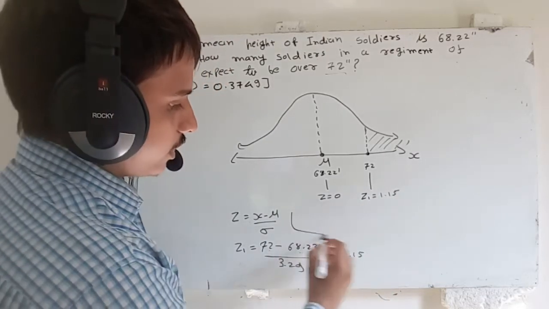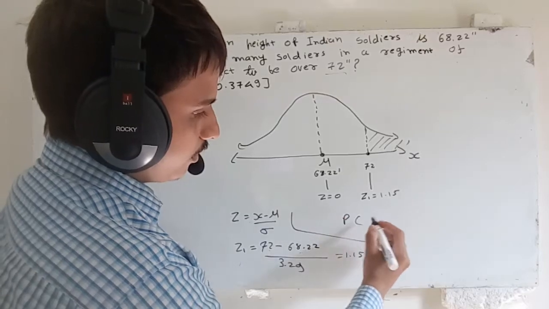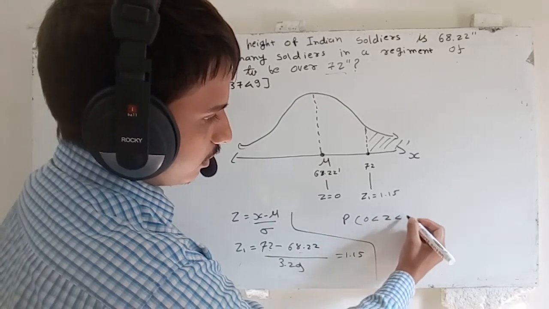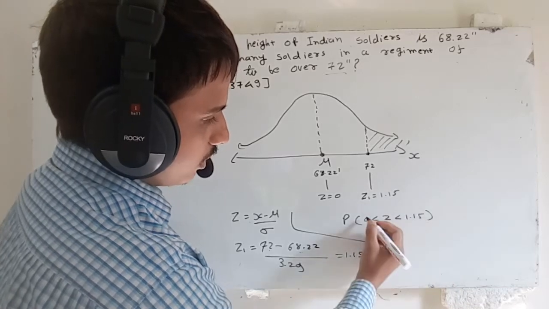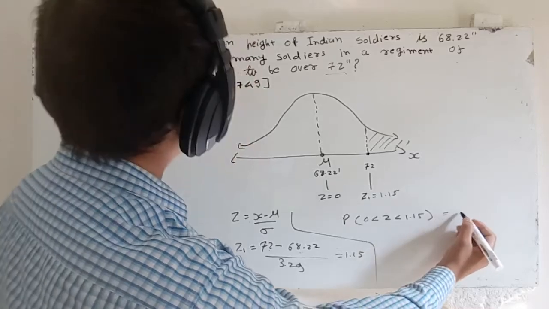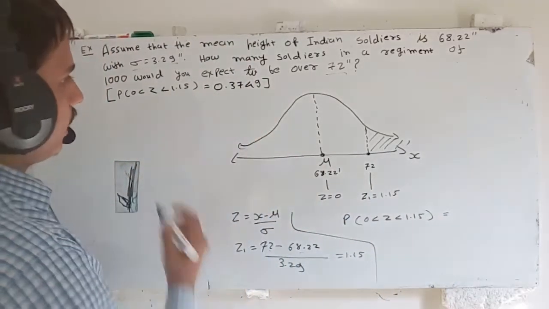Now it is given in the question that probability that Z is between 0 to 1.15 is 0.3749.